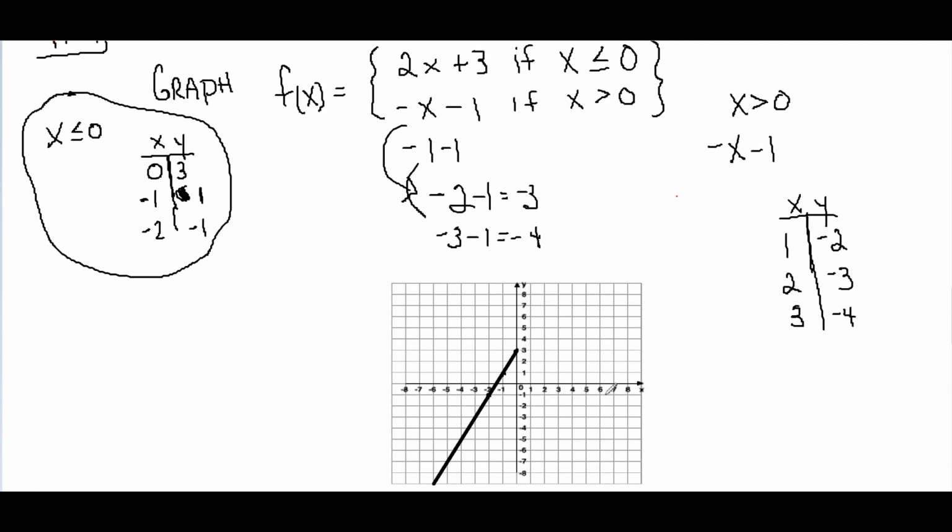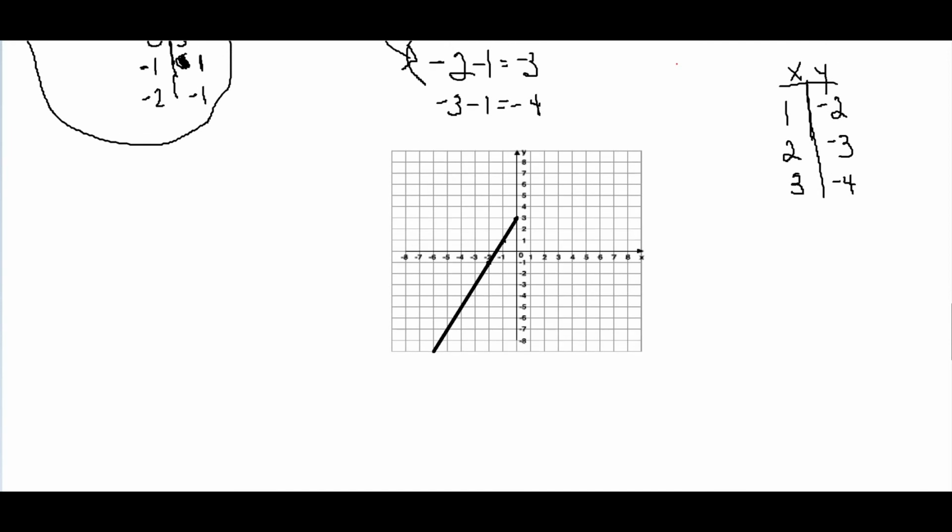I'll plot these points and draw my line, which will give me 1, -2 here, 2, -3, and 3, -4. So there's my 3 in a row here, and I'll draw this line as needed. And this is the graph of the piecewise function.